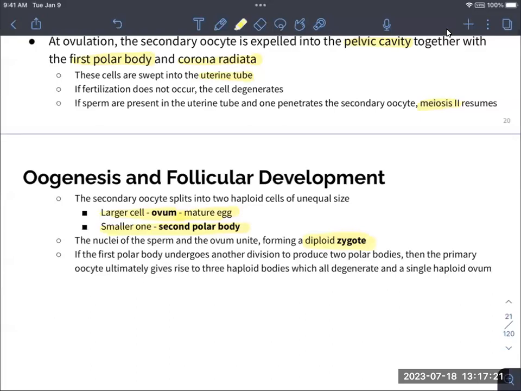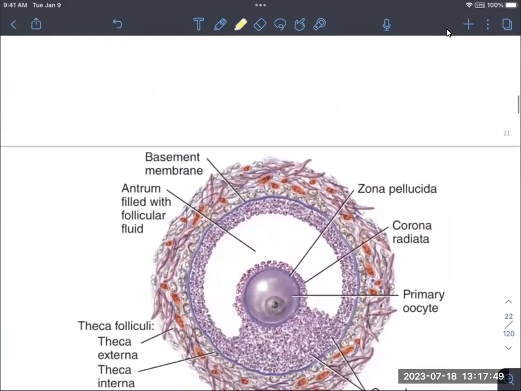So if this first polar body goes through meiosis again, another group of division, we end up with two polar bodies. The primary oocyte then will give rise to three haploid bodies. All are going to degenerate still, and we still have a single haploid ovum left.